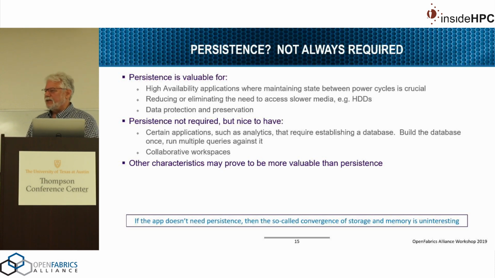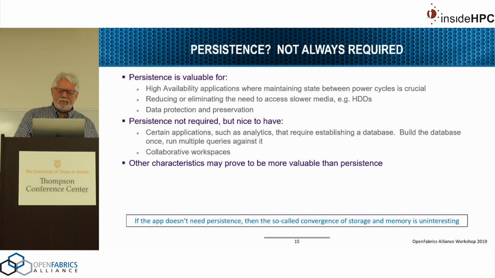I just described some of those. In some cases, persistence is actually the characteristic that you're after. And the best example is the high availability case. If you're building a persistent memory device out of devices that are not persistent, you really haven't achieved your data availability goal at all.